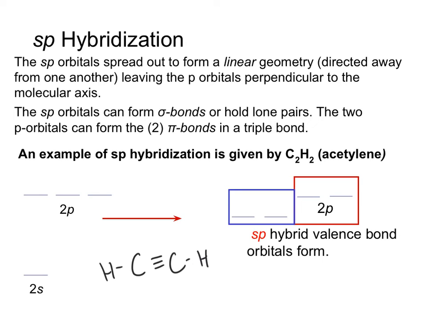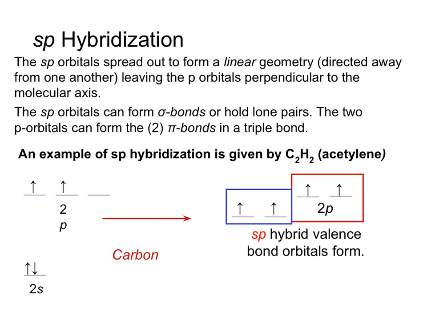And so we can see that we need only 2 sigma bonds for each carbon, and the other 2 bonds of our triple bond will be made up of 2 pi bonds. And so a triple bond is made up of one sigma bond and two pi bonds.